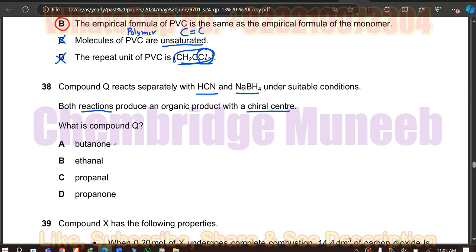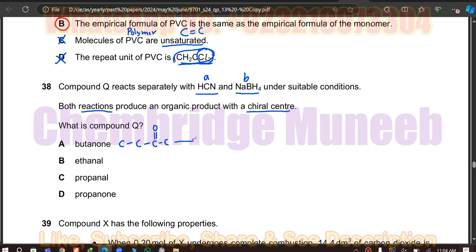Starting from the first, I will label HCN as A and NaBH4 as B to make it easier. Now butanone, as we know, has a structure of four carbon atoms along with one carbonyl group, because it belongs to the ketones.